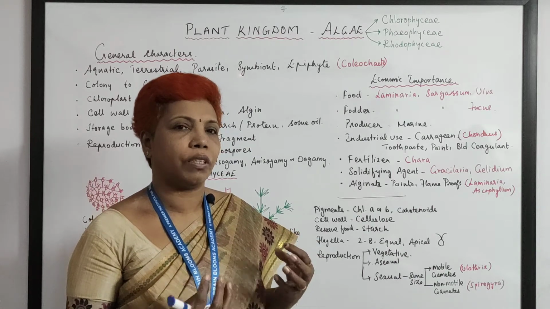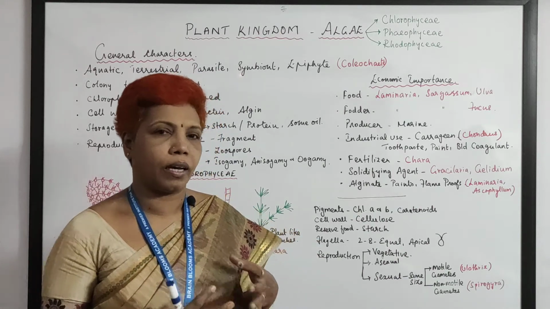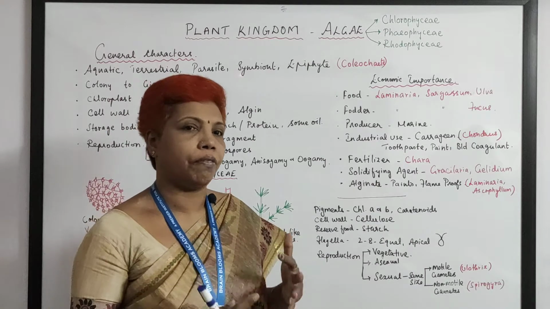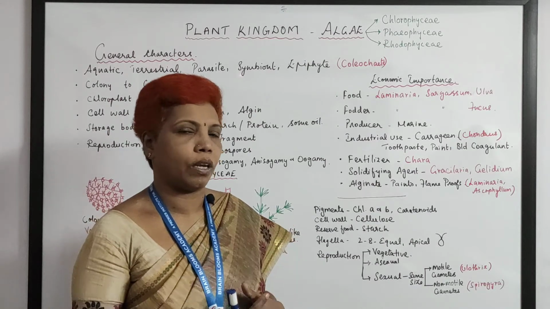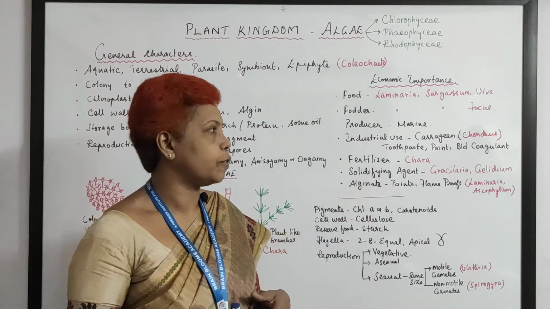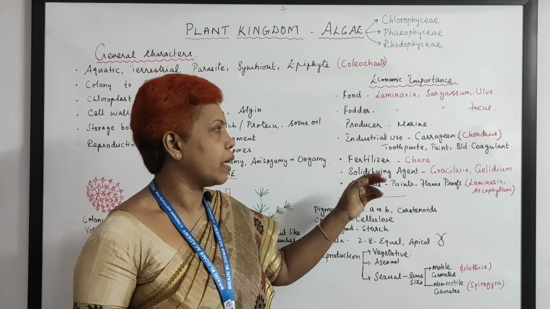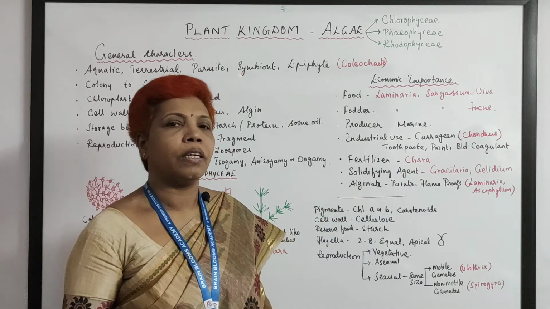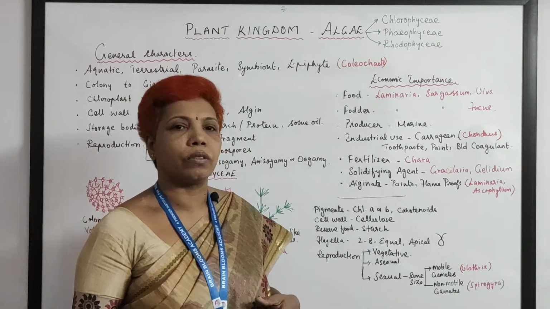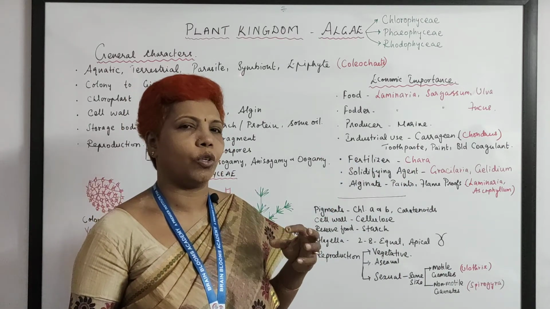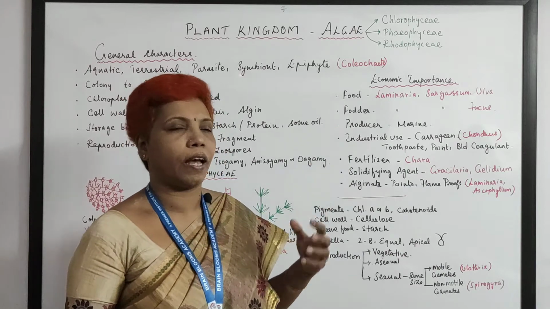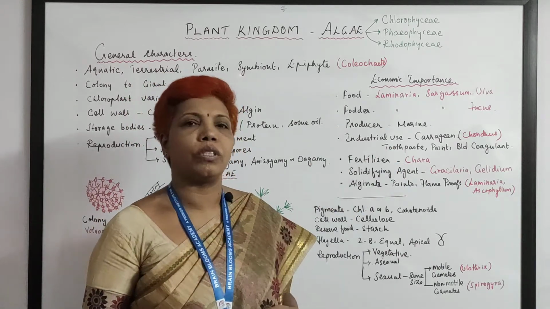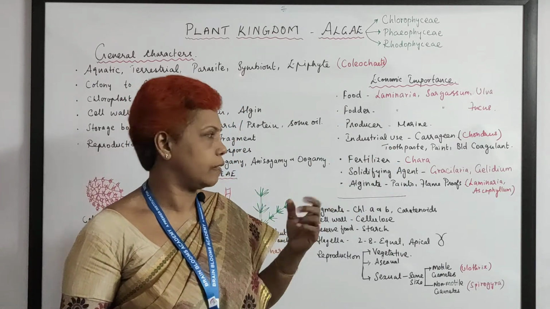microbiology cultures without agar. Agar is a basic solidifying agent in the microbiology lab, from Gracilaria and Gelidium. Carrageenan, present in red algae, is used in toothpaste, paints, and other things.